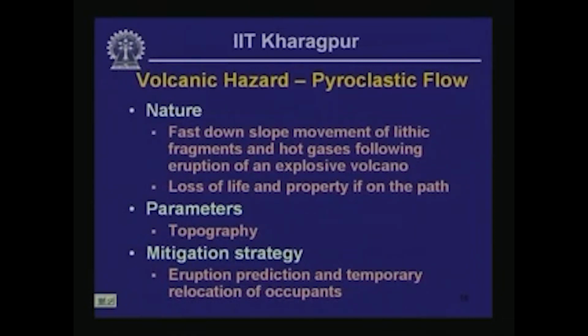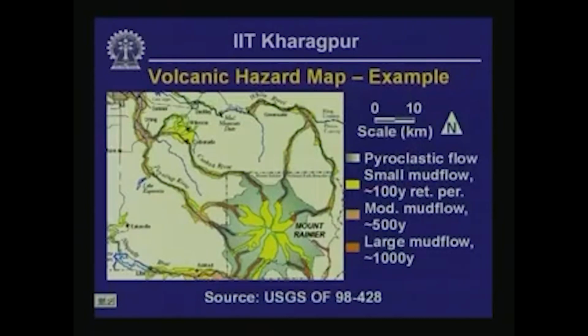Loss of life and property is a distinct possibility in this particular case as well, and the parameter in this case is topography as well as the type of volcano. And here again the mitigation strategy revolves around eruption prediction and temporary relocation of occupants away from the anticipated path of pyroclastic flow.